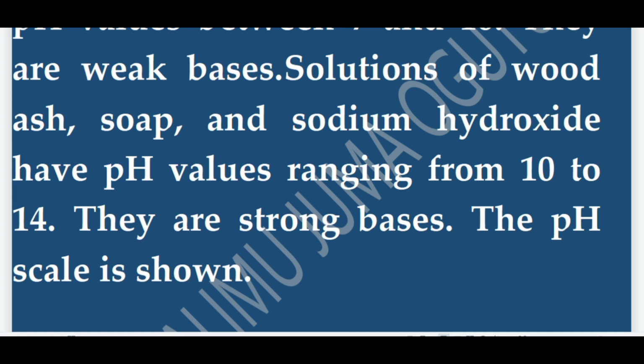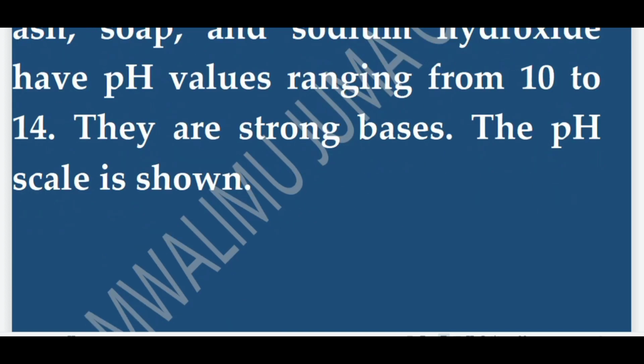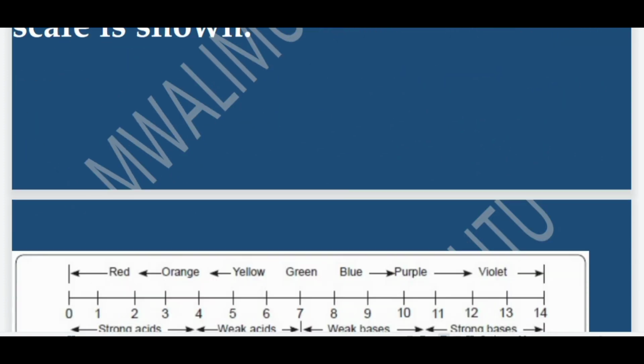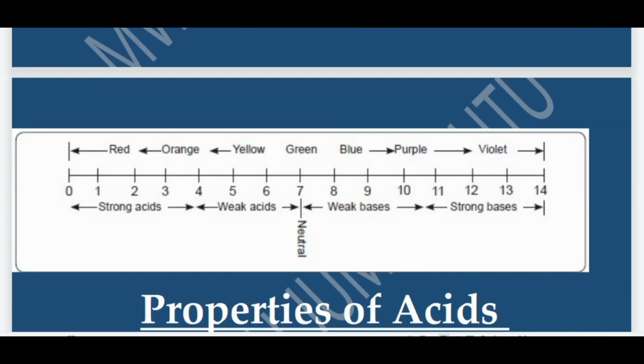So the pH scale is shown here. We have a pH scale that now ranges from 0 to 14. From 0 to values less than 4, they are strong acids, and they will give either a red or orange color using the universal indicator.